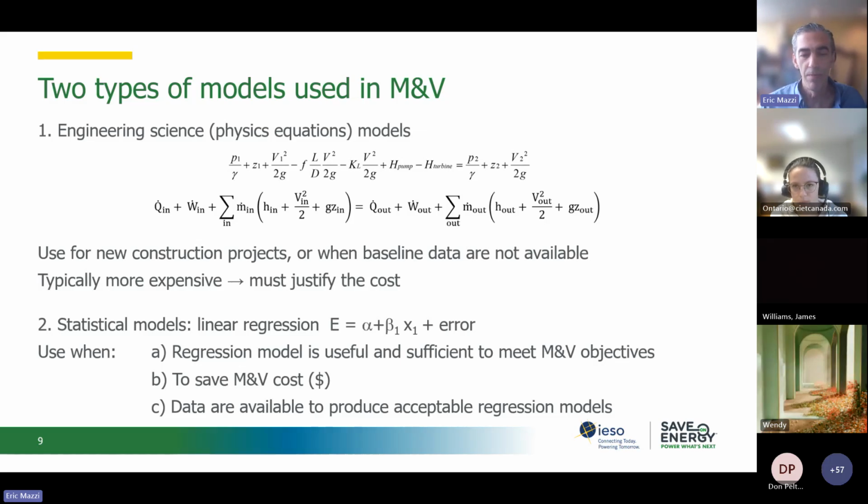Those are two basic attributes of option D, M and V. There are also statistical models, and these are typically not what are used in option D, although I wouldn't rule out that maybe there's some regression model you could build for some industrial process and then apply it to some new process that you forecast. But usually it's not. Usually it's number one there, just to be abundantly clear.